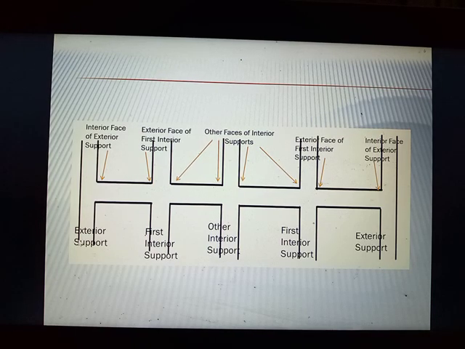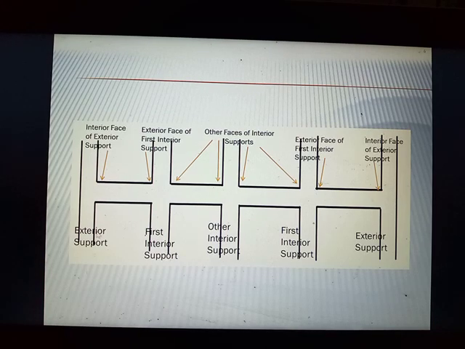The first support adjacent to your exterior supports on both sides are the first interior supports respectively. So this is the first interior support, and this is your first interior support. Other than the first interior supports, the rest of the interior supports will be called other interior supports.